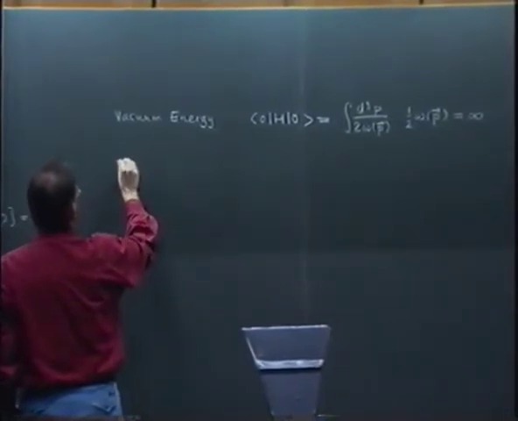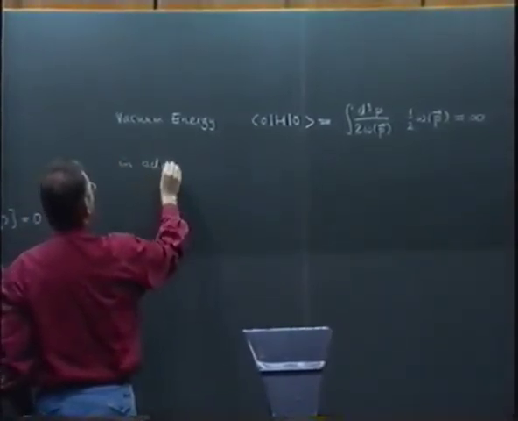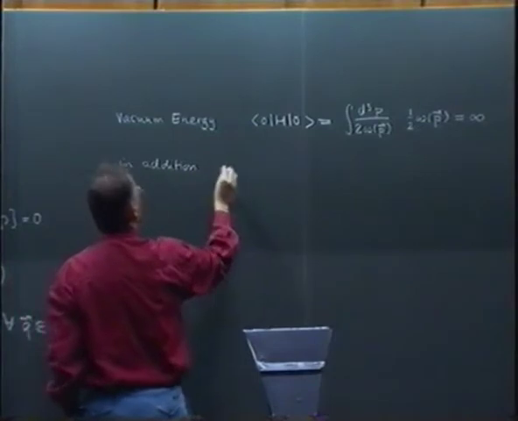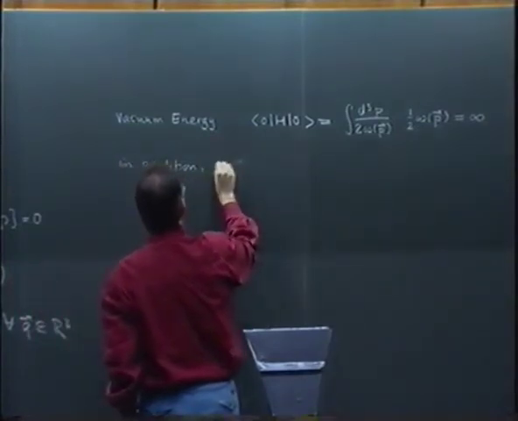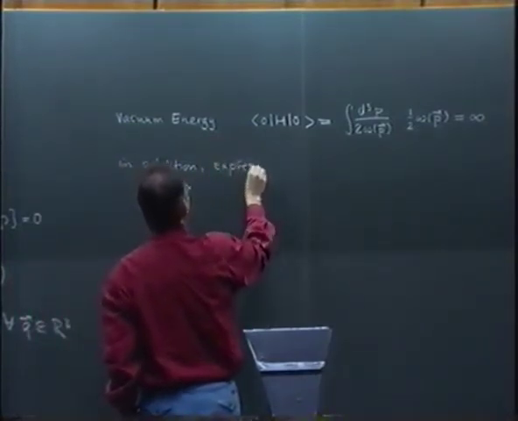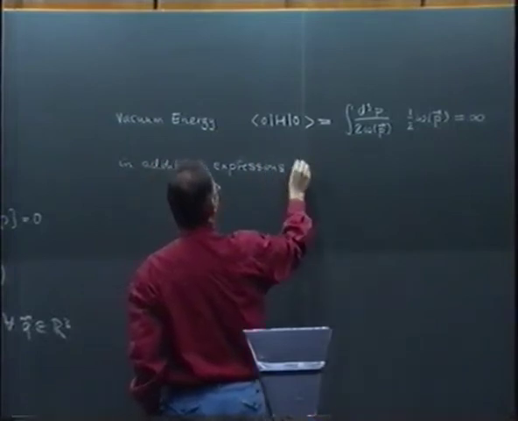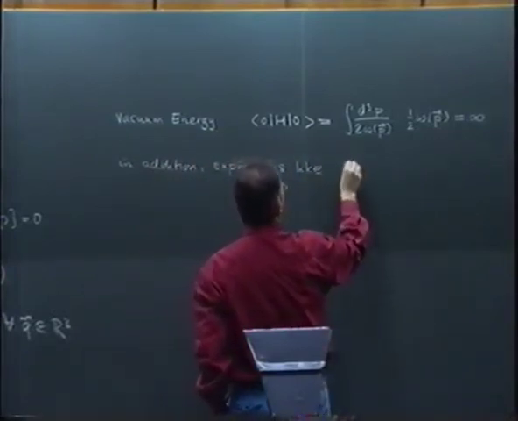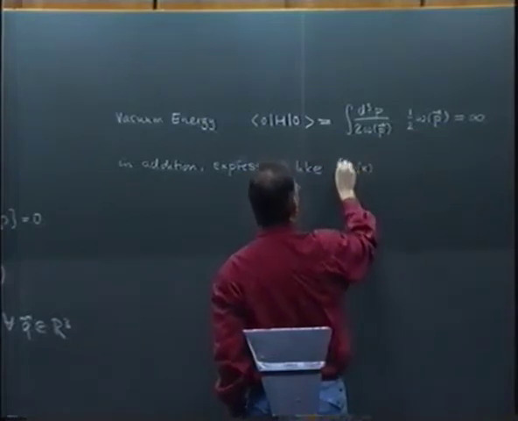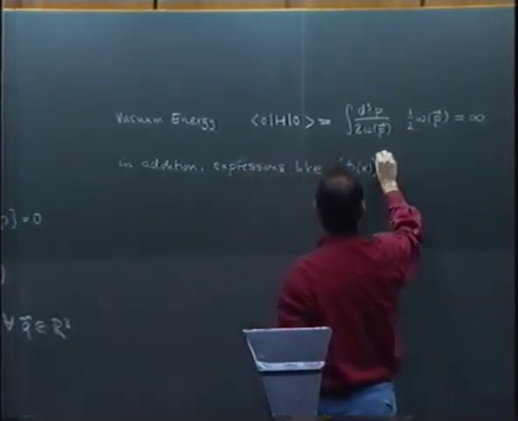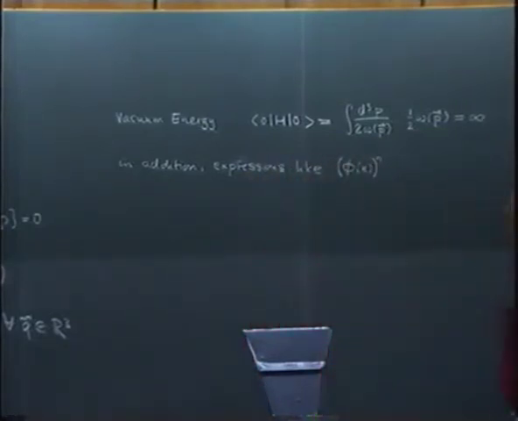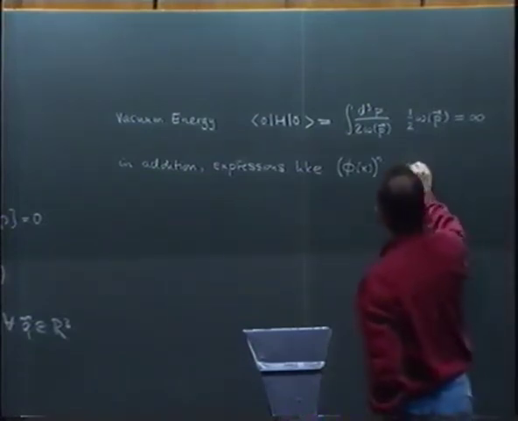But in addition, we can check expressions like phi of x to some power, say n, which will be ill-defined.